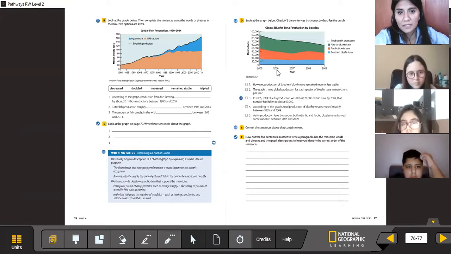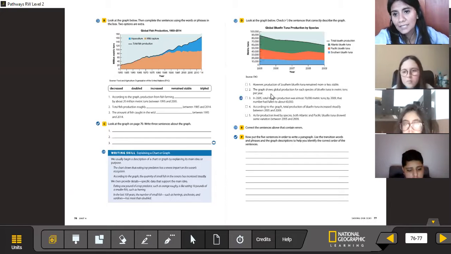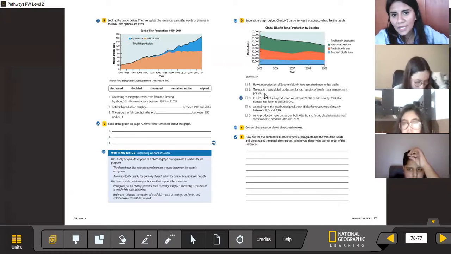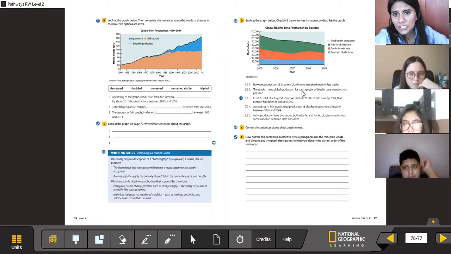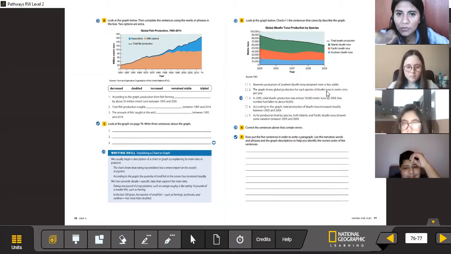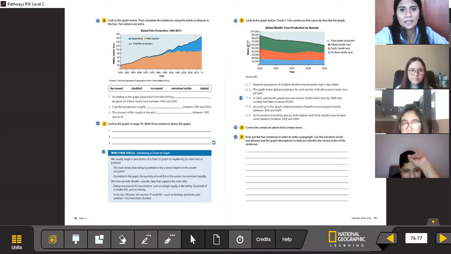Or if I want to change this idea, you can say from 2005 to 2009. Or if you want to be more extensive in your introduction, you can say the graph shows the global production for each species of bluefin tuna, in parentheses Atlantic, Pacific, and Southern, in metric tons from 2005 to 2009.